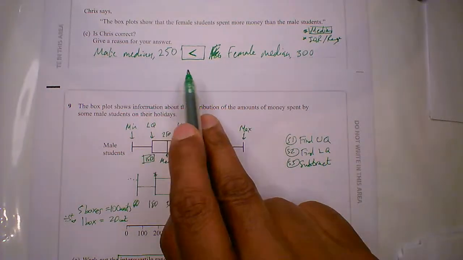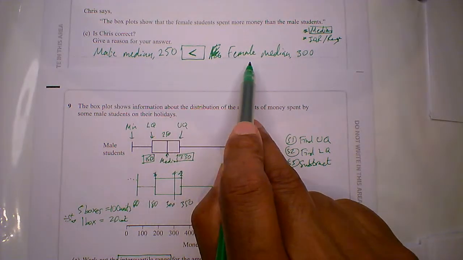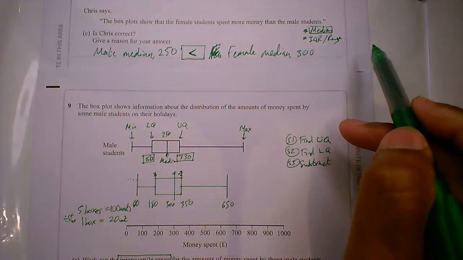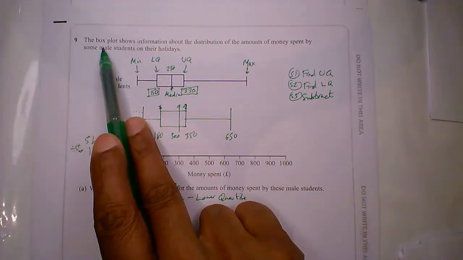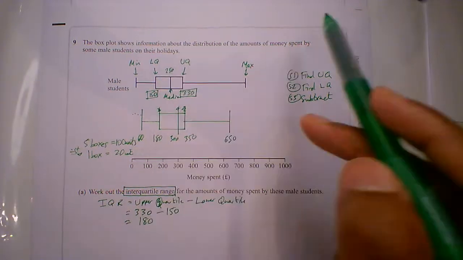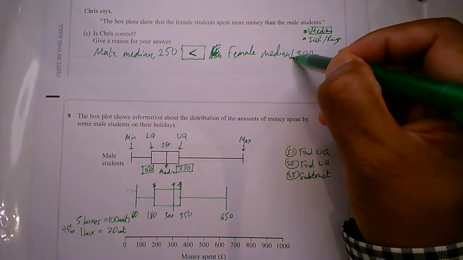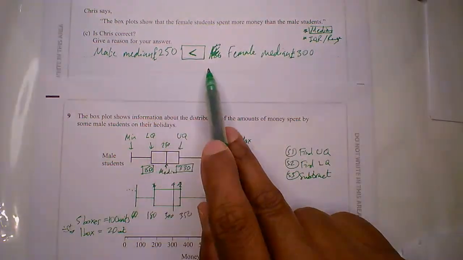And I'm now comparing them. The male median, 250, is less than the female median, 300. And if I look at the context of this question, the box plot shows information about the distribution of amounts of money spent. So let me add the sign, which is pounds. Okay, so I've now compared it.